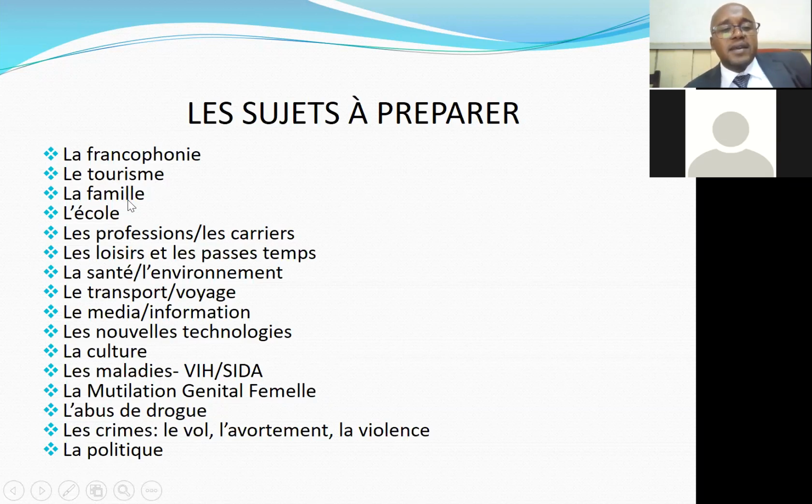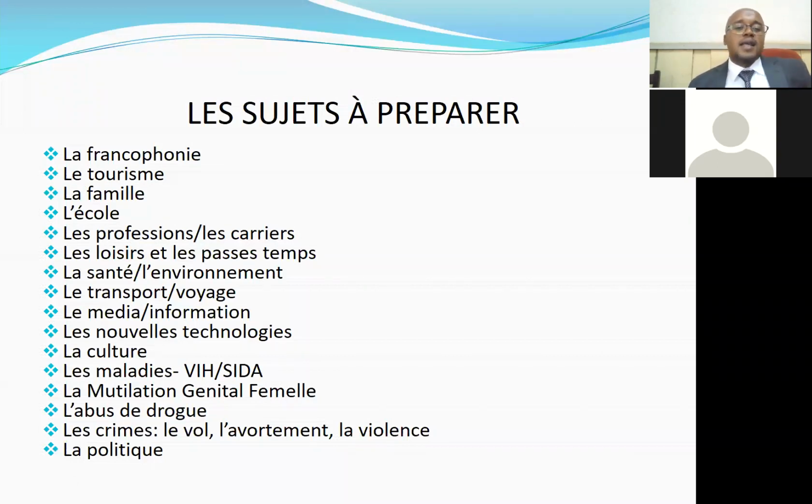Then we have la famille. La famille, a number of things. La famille moderne, la famille traditionnelle. What is the difference between la famille moderne et la famille traditionnelle? What are the activities you do en famille? Which activities do you do as a family? Est-ce que la famille est petite ou grande?